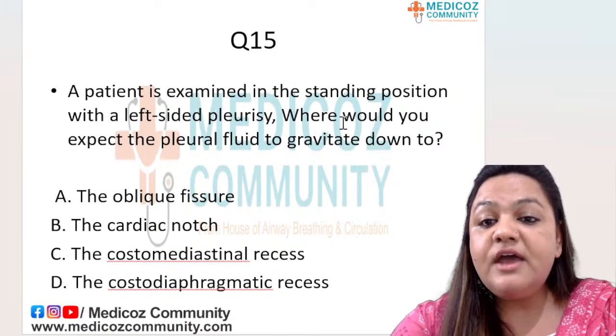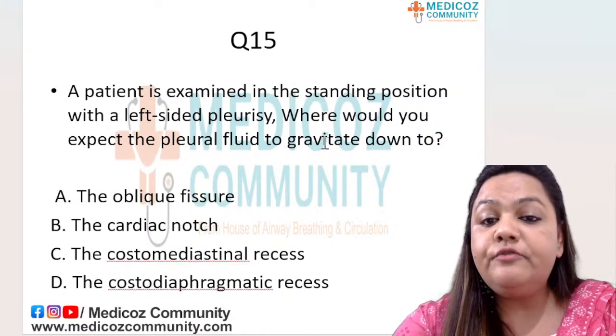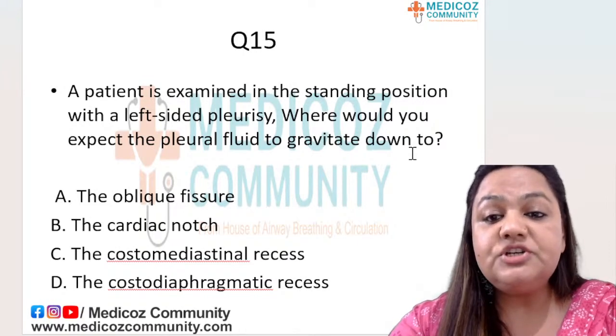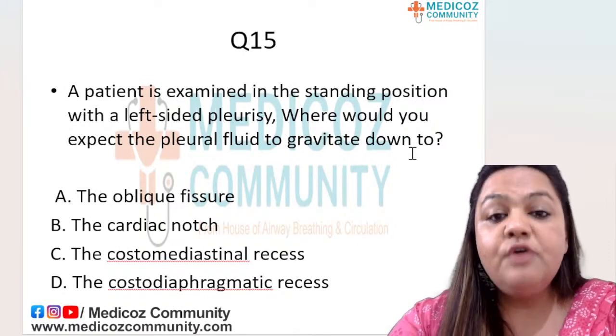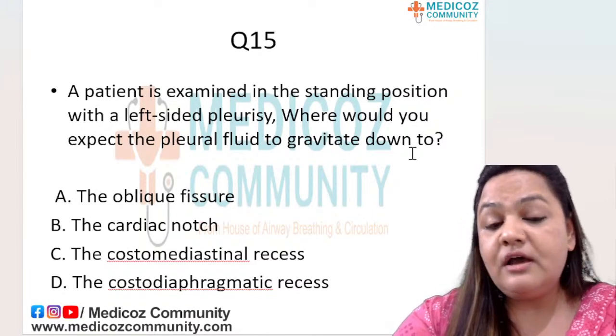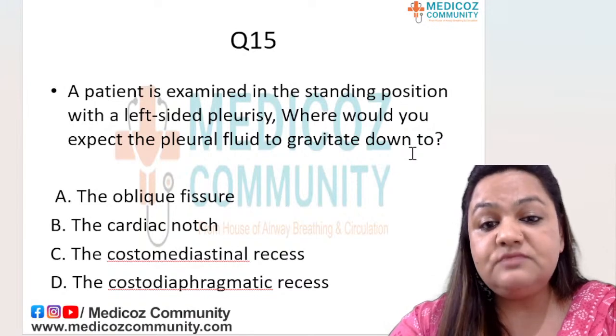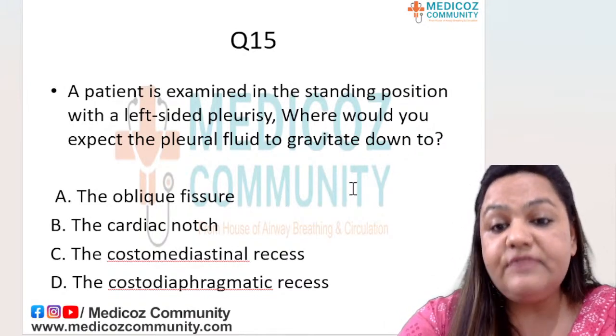Clear? Where would you expect the pleural fluid to gravitate down to? So we just need to find out, when the patient is in standing position with pleurisy on his or her left side, the space where that pleural fluid will gravitate down.